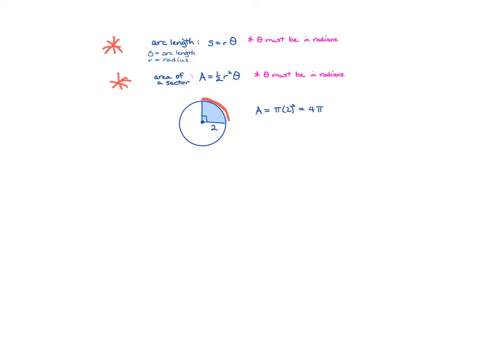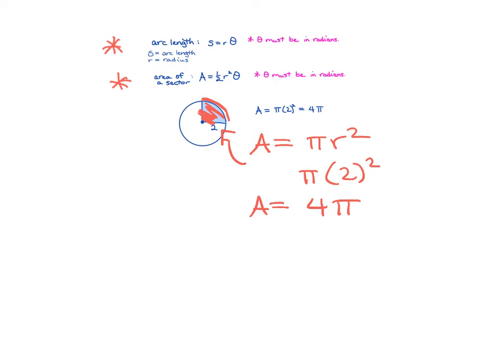An area of a sector would be the area of this piece of pizza or a piece of pie. So normally we would do the area of the whole circle, and then we would have to find out what portion of that whole circle is the area of that piece of pizza. So in this case, remember the area of a circle was pi r squared. So if I wanted to find the area of the whole circle, and using this circle with a radius of 2, I would do pi times 2 squared, or 4 pi would have been the area of the whole circle.